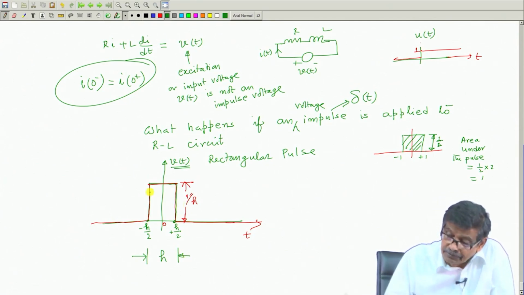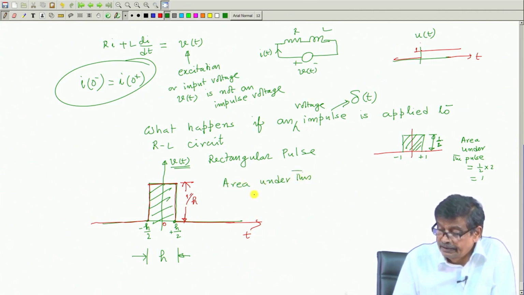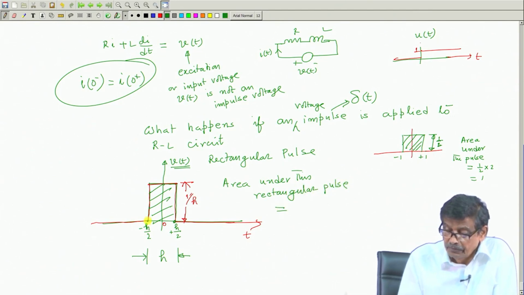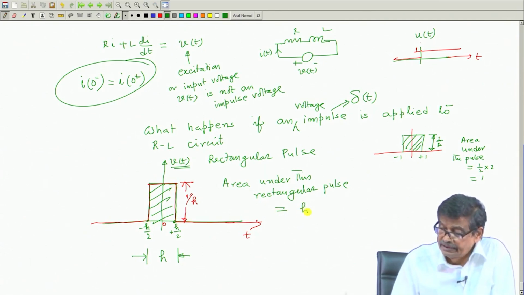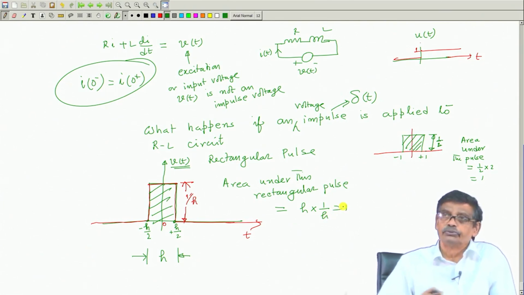Then what will be the area under this rectangular pulse? Width into height: h is the width and 1 by h is the height, and that will be 1. You choose any value of h, this will always be true.